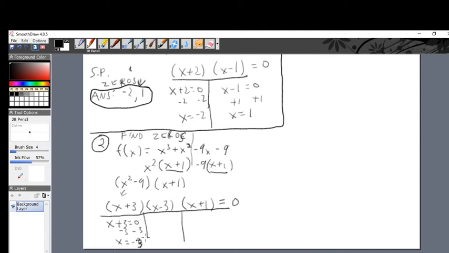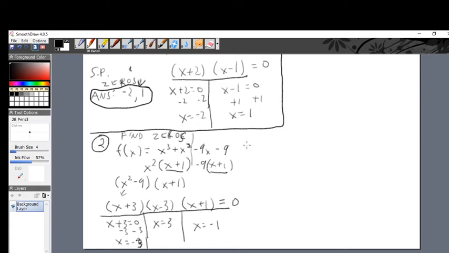That's one of them. x minus 3 is equal to 0 will turn out to be x equals 3. x plus 1 is equal to 0 will turn out to be x equals negative 1. Each time is the opposite. This 3 turns into negative 3, negative 3 turns into 3, plus 1 turns into negative 1.